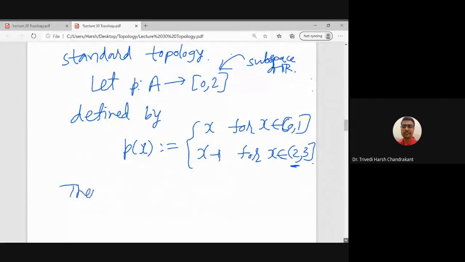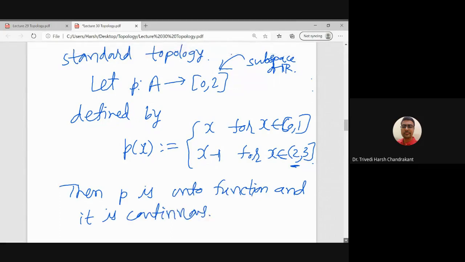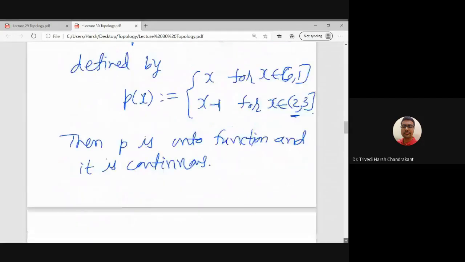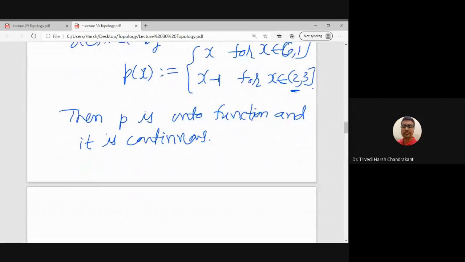But still we can easily verify that p is a continuous function. Now if I want to check whether p is a quotient map or not, what do we need to check?